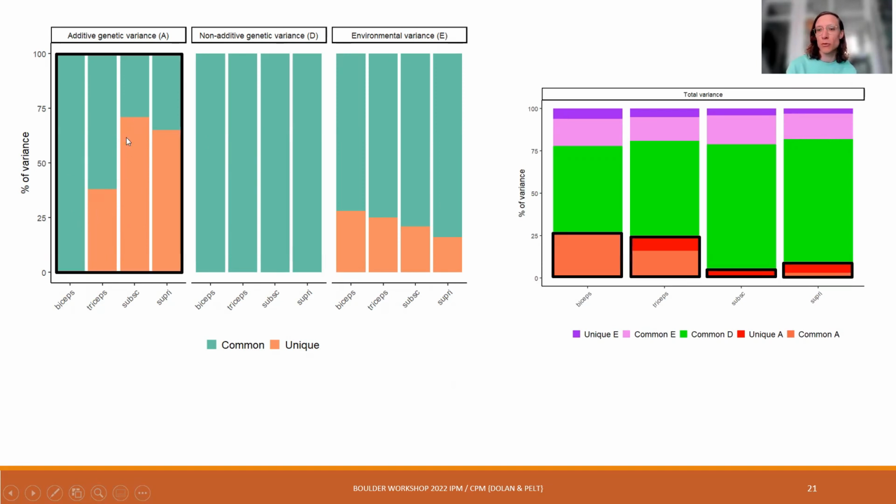So what you might want to do is put this figure on the right next to it, because then you can say, okay, the additive genetic variance in biceps is fully due to the common factor, but then the contribution of the additive genetic variance to the total variance in the phenotype is only 25%, right?